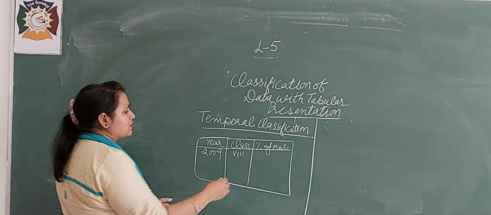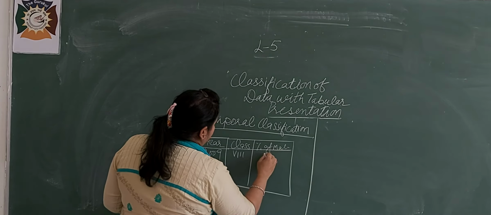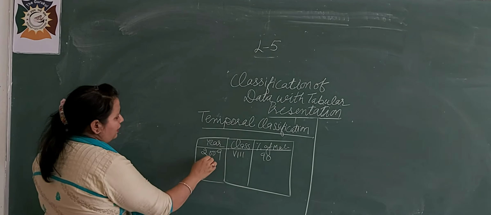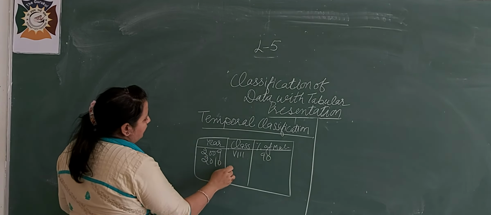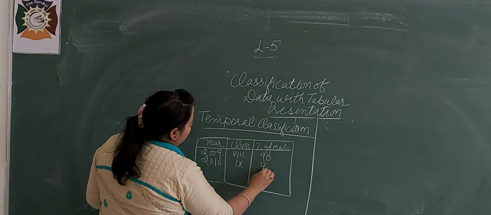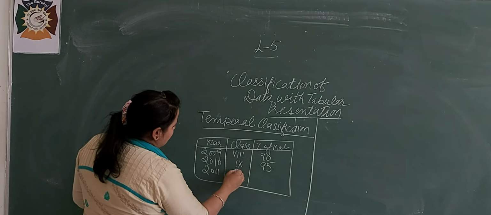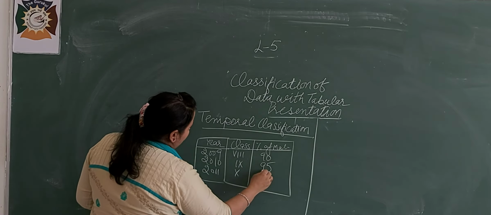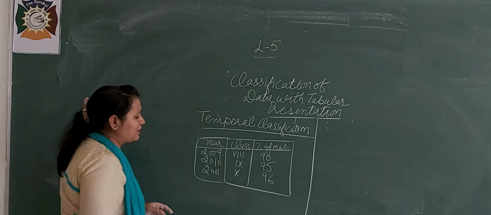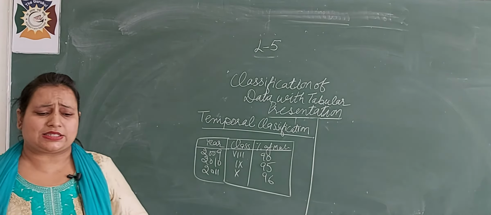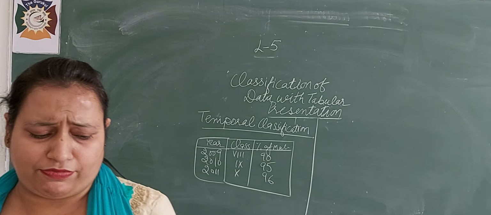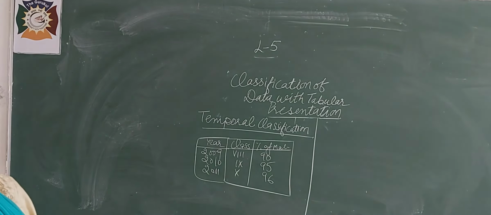Suppose we take 90% marks. Then 2010 in class 9th I score 95% marks. 2011 in class 10th I score 96% marks. So what is this? Temporal classification, when data is classified according to time.